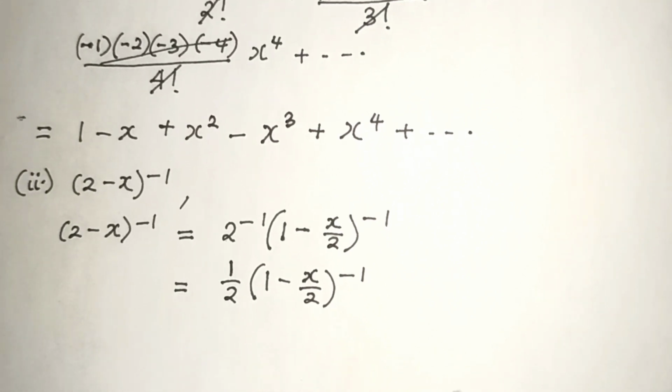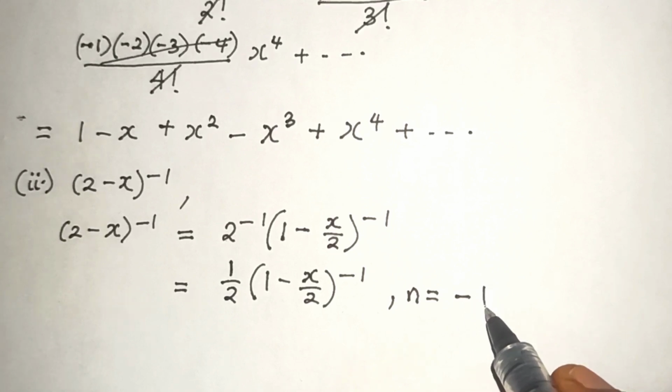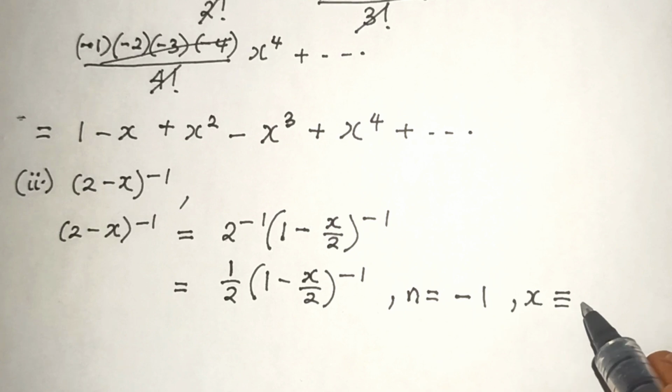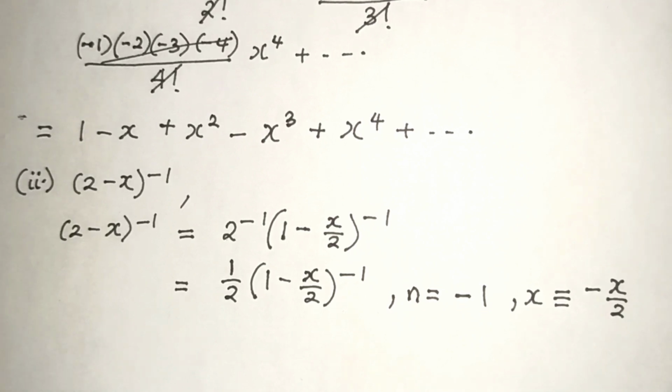Here, n is equal to minus 1. x is equivalent to minus x over 2. So we'll start the expansion.